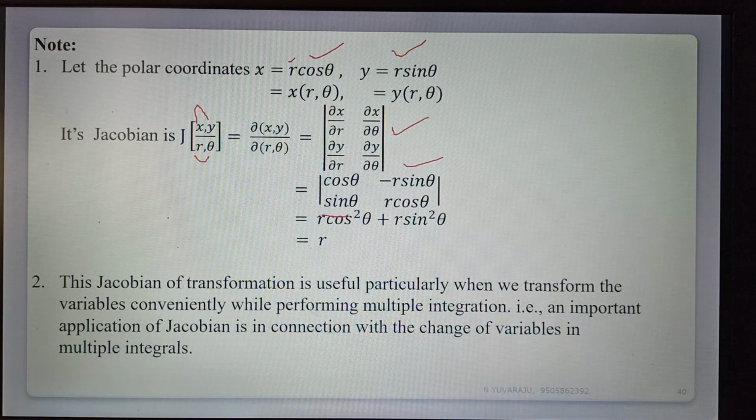This is one of the applications of Jacobian. It is useful in multiple integrals. In the topic of change of variables, x y is converted to new variables, and the connection between old variables and new variables is called the Jacobian. Okay? This is the application.